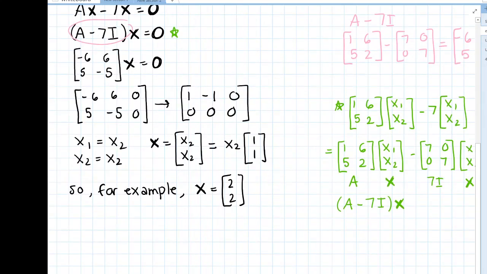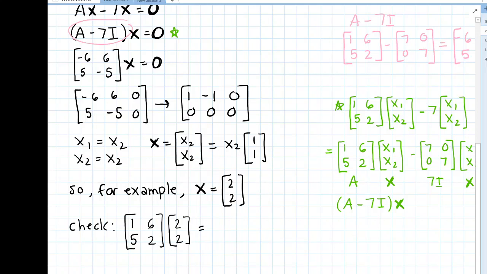And let's check that. What should happen is that when we multiply our original matrix, 1, 6, 5, 2, with 2, 2, we should get 7 times 2, 2.